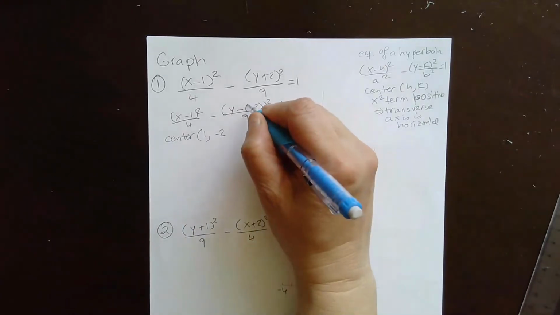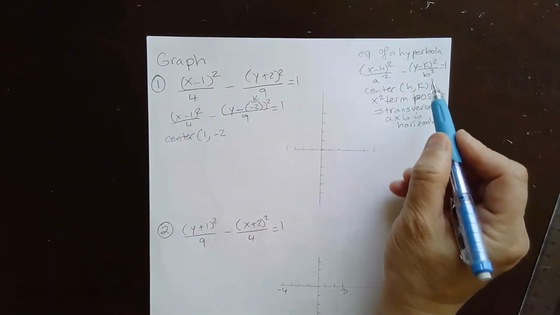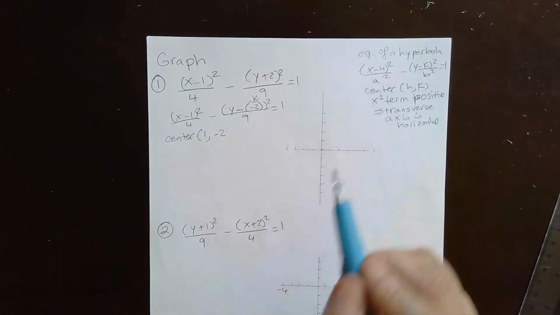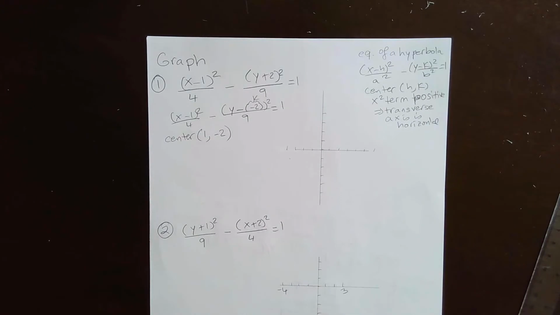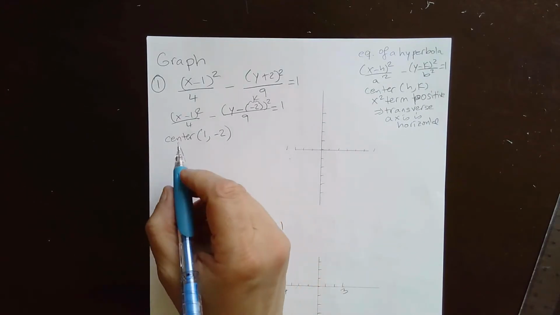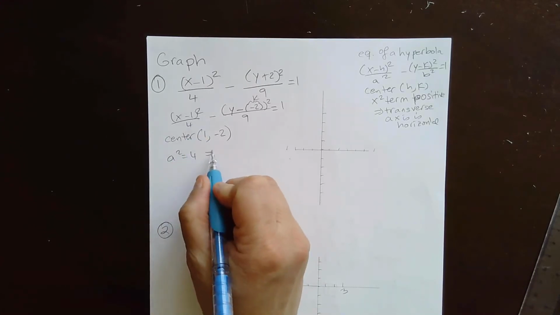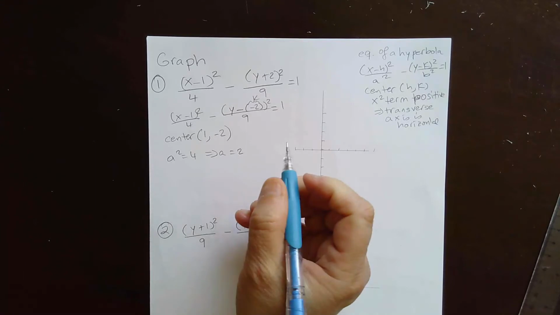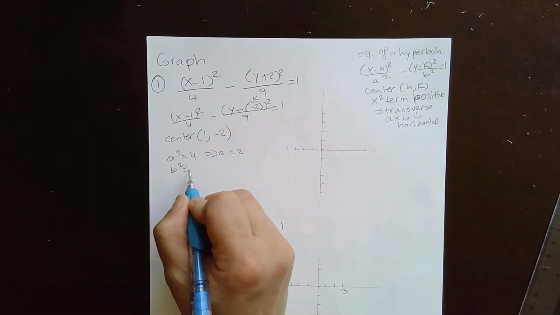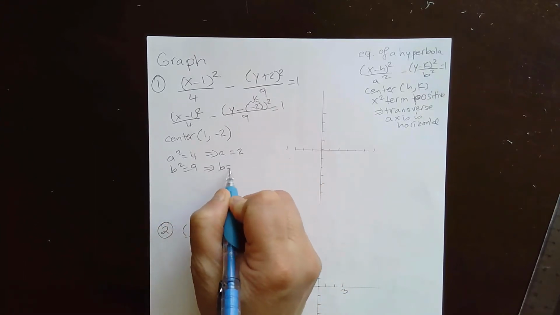Remember, this is k, and here you have to have a negative in front of it. So this is the center of the hyperbola. Now, a² is 4, which means a is equal to 2, and b² is equal to 9, so b is equal to 3.